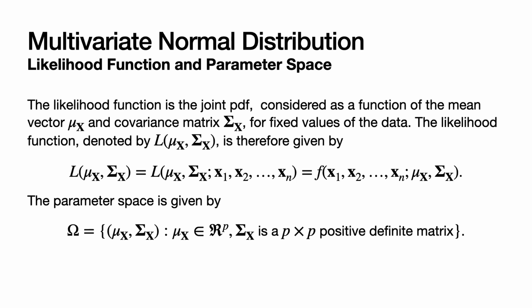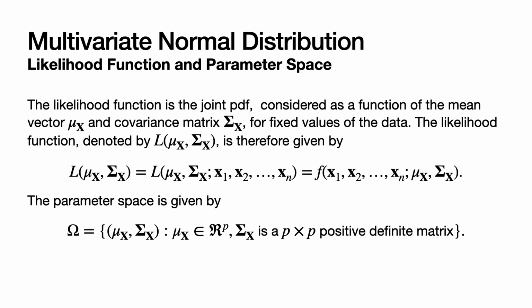So capital L evaluated at mu sub x and capital sigma sub x is just equal to the joint PDF of the data evaluated at x1 through xn, with mu sub x and capital sigma sub x being the mean vector and covariance matrix, respectively.